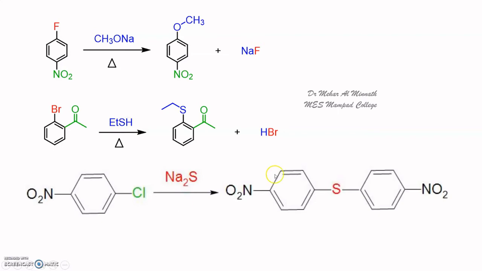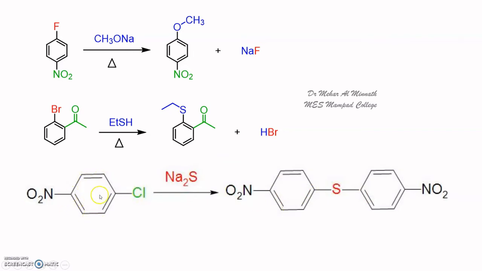Another reaction, an interesting one here. The sulfide ion will be S2 minus. The charge on the sulfur, on the nucleophile, is -2. So here what happens is, the S2 minus gets added to two substrates.